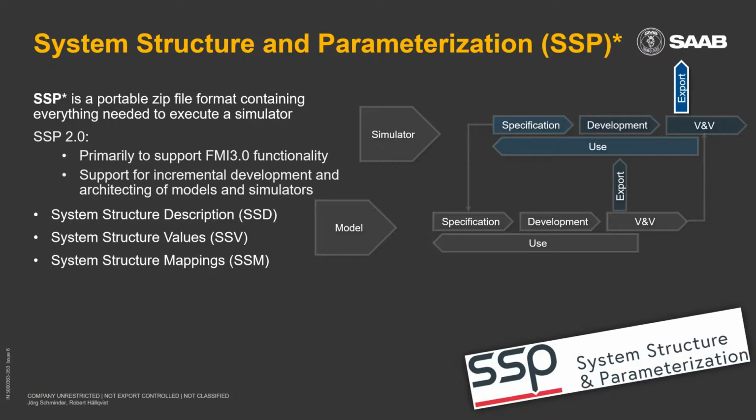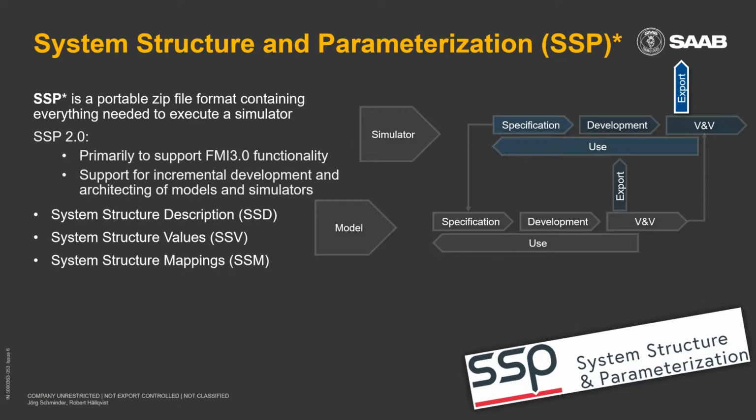So in SSP, we use 3 of the primary artifacts that SSP specifies. We use the system structure description file format, which captures simulation architecture, how one model is connected causally to another model.